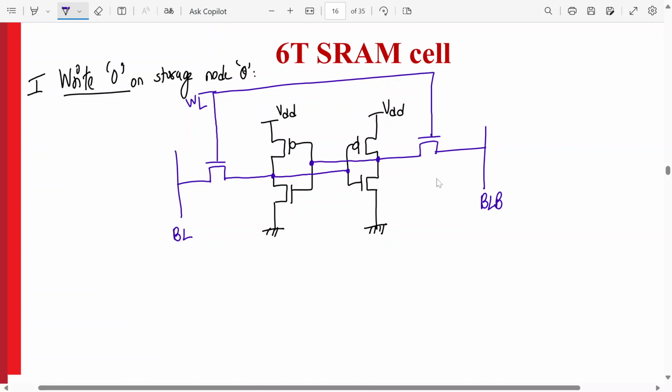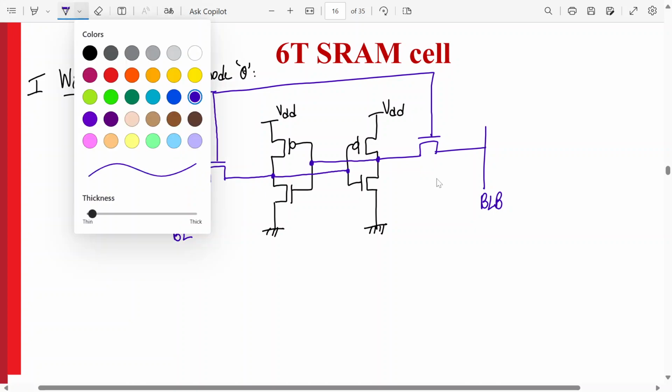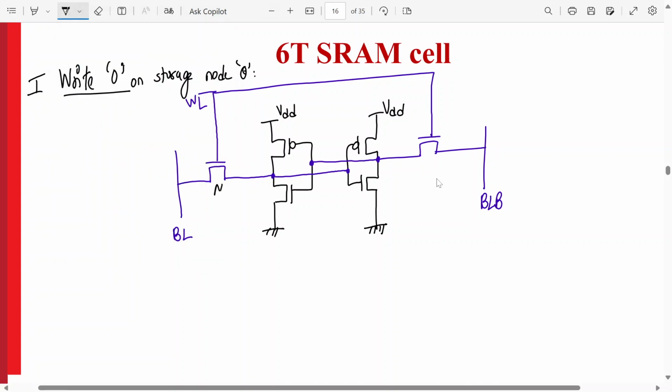Then we can name this transistor M5. This is M1, M2, M3, M4, M6.